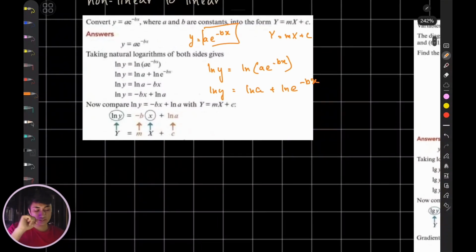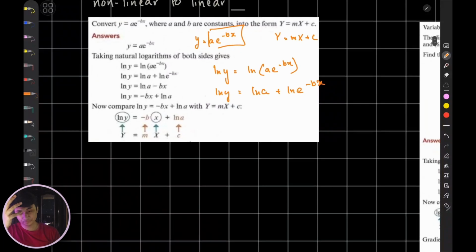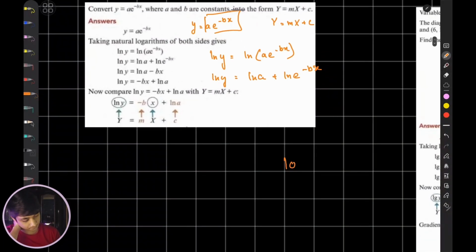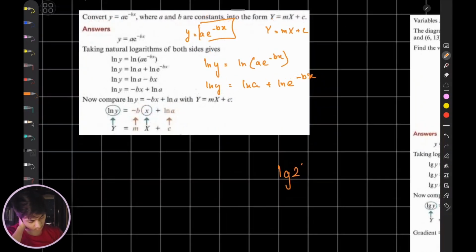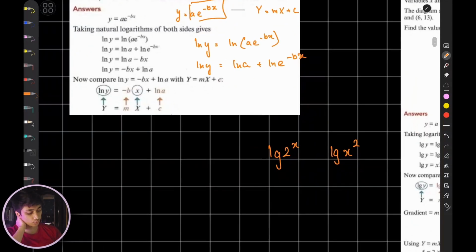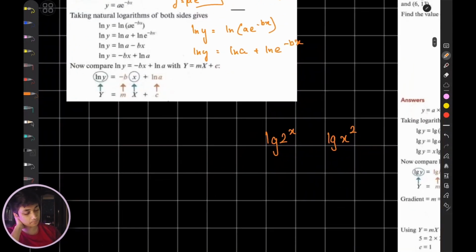Now, here I'm going to apply another formula or identity from logarithms. Whenever, let's say, you have log base 10 of 2 to the power of x and log base 10 of x to the power of 2, in all of these cases I can apply a simple formula.